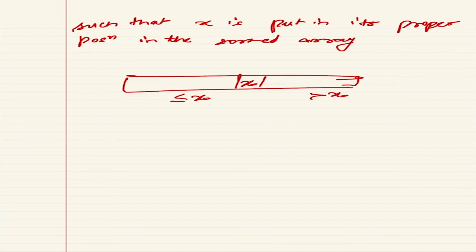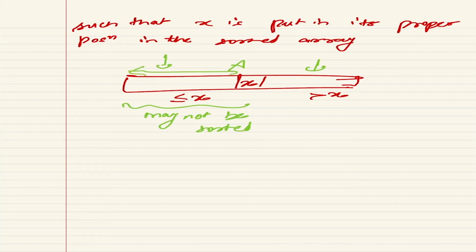But these may not be sorted. So you choose a pivot and rearrange A such that x comes in its proper sorted position. Now you have two subarrays, and you can recursively sort them because x is in proper position. You sort from here to here and here to here by the same logic.